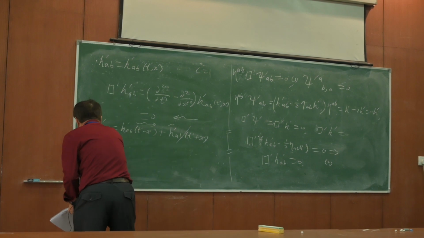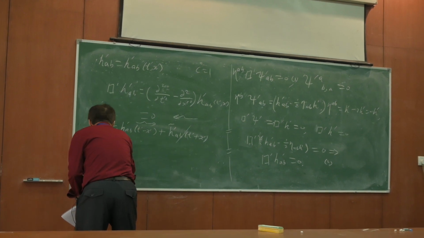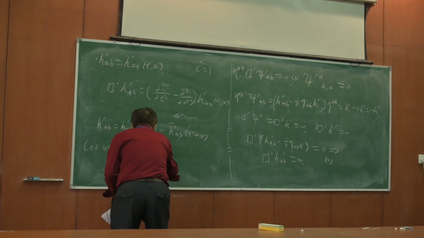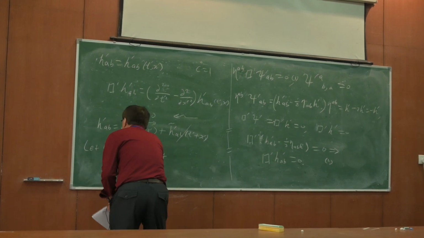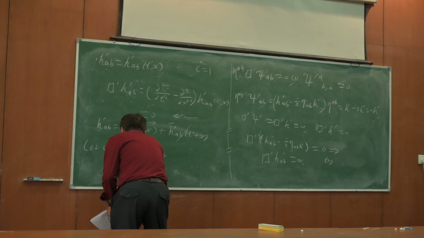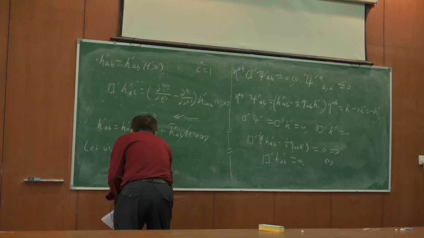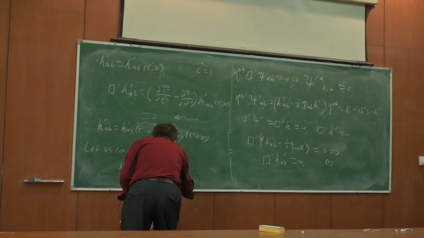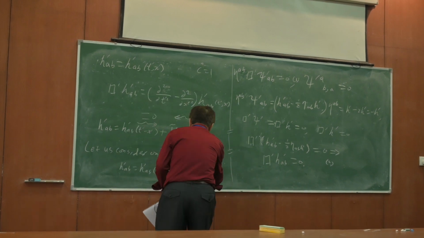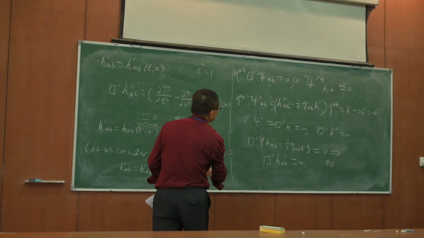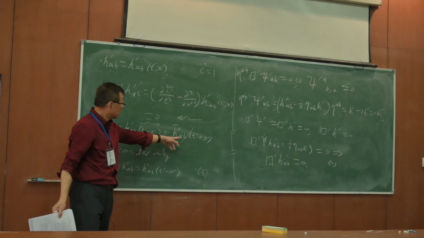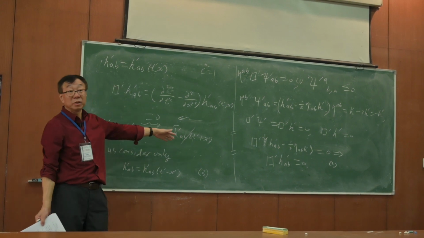So let's consider only H prime a b equal to H prime a b of t prime minus x prime. Sure, you can actually consider this one too, or you can consider both of them.